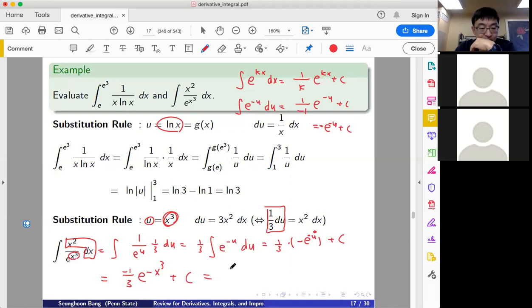So we have negative 1 over 3 times e to the x cubed, with a positive exponent, plus c. This is the idea for solving this problem.